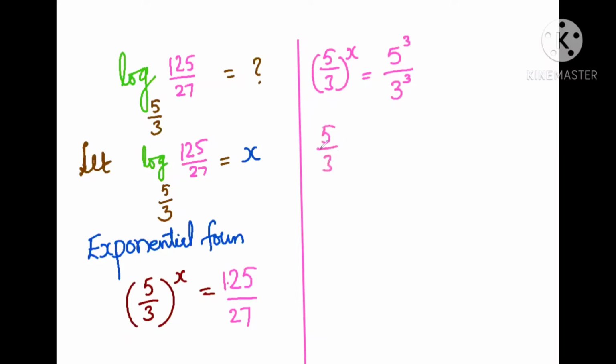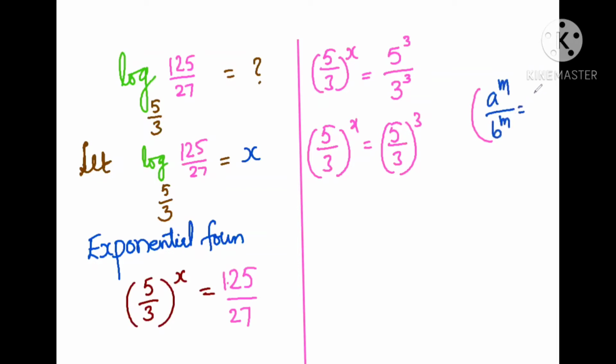So 5 by 3 whole to the power of x is equal to 5 by 3 whole to the power of 3. Here is a formula. You know that a to the power of m by b to the power of m can be written as a by b whole to the power of m.